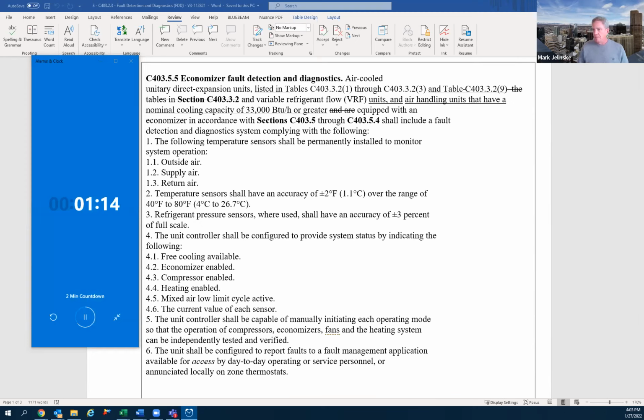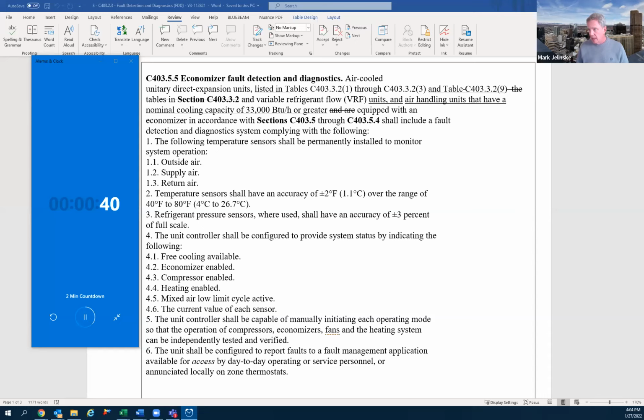Further, it includes a trigger of 33 MVH for this. There's a proposal to be heard later that will include the trigger of 33 MVH for economizers. This is where that trigger belongs. Section 403.5 already defines where economizers are required, and that's where the requirement to lower the trigger for economizers belongs.